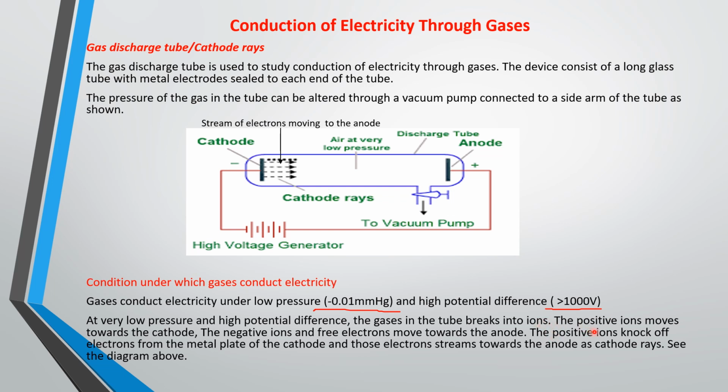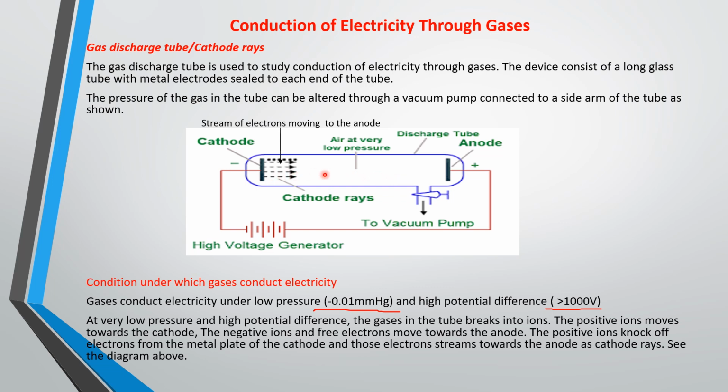The positive ions will move to the cathode, while the negative ions and free electrons will move to the anode. The positive ions that move to the cathode will knock off electrons from the surface of the metal plate of the cathode, and those free electrons will now start to drift like an ionic stream or electron stream to the anode.